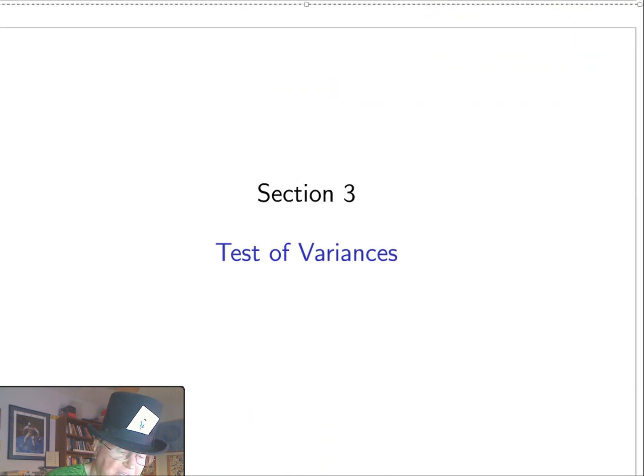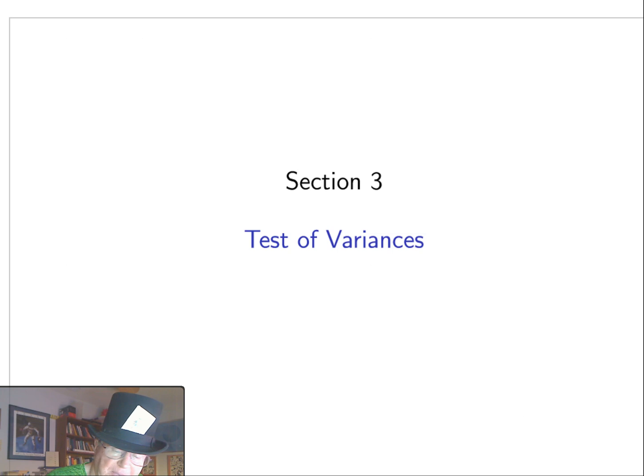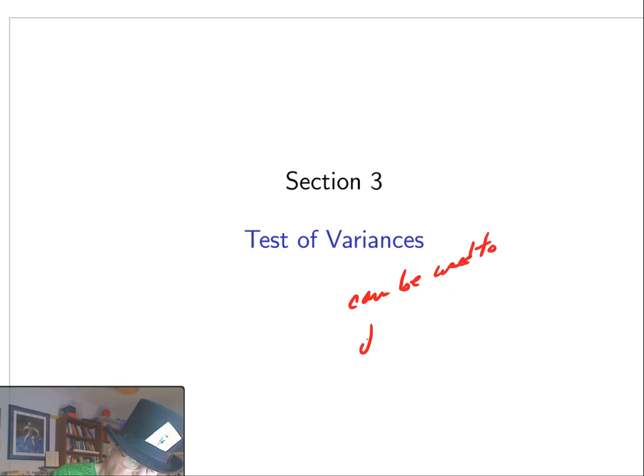Now, another thing we can test from two samples are variances. This can be used to justify the pooled variance version of the two-sample t.